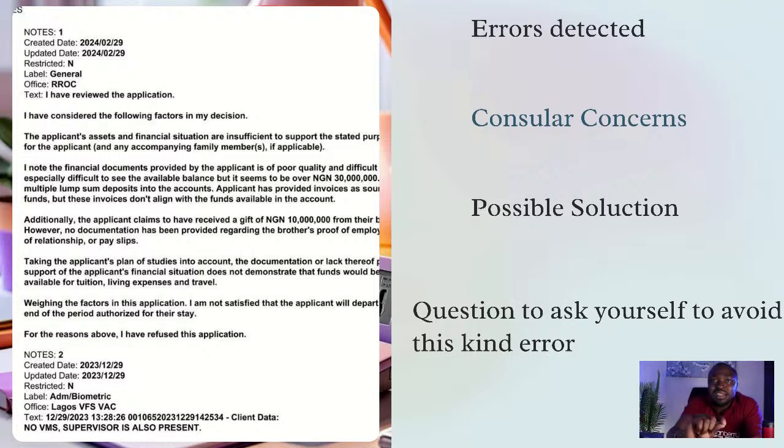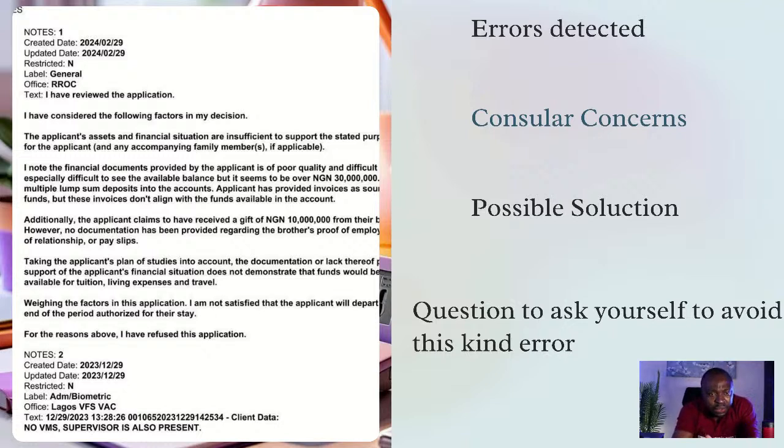It's not about bringing invoices. How does this invoice align to your bank statement? Check the bank statement. If I am saying that I sold a property, or I sold my goods in my shop, for 10 million on the 15th of May, and you are bringing an invoice of, let's say, 8 million on the 2nd of February, it doesn't align.